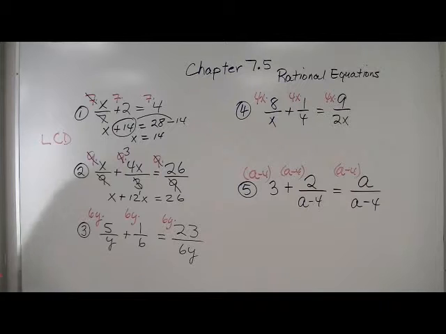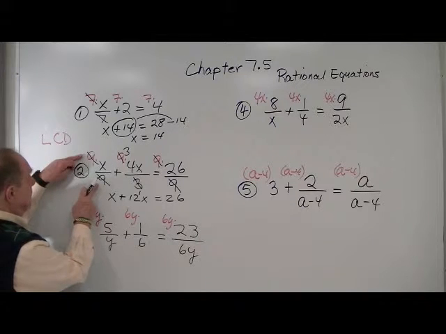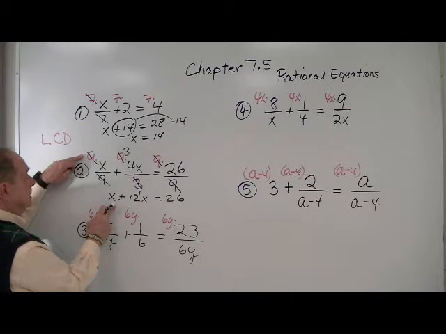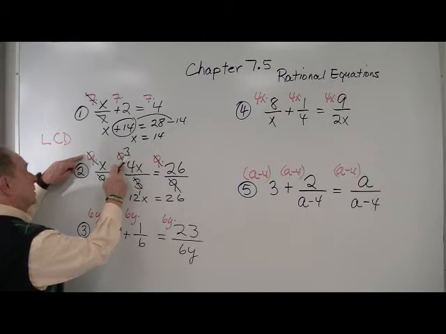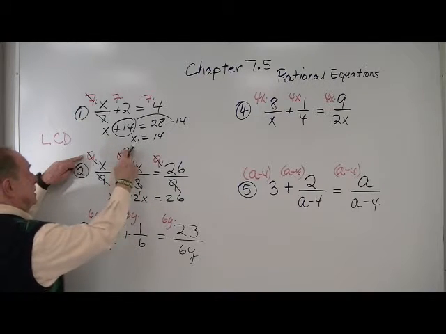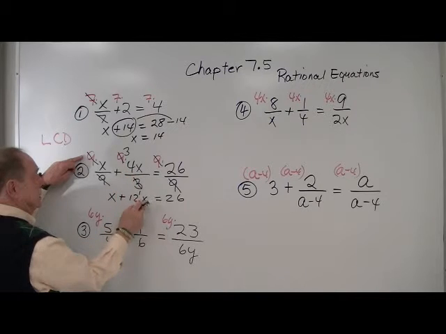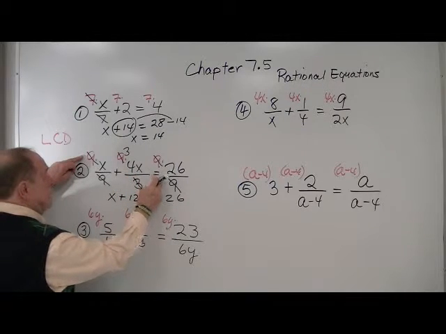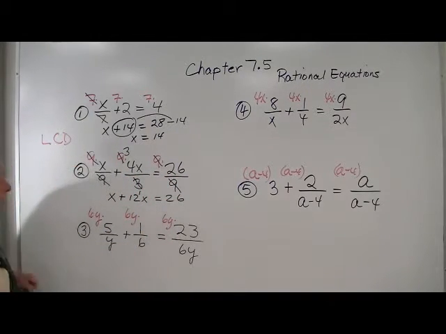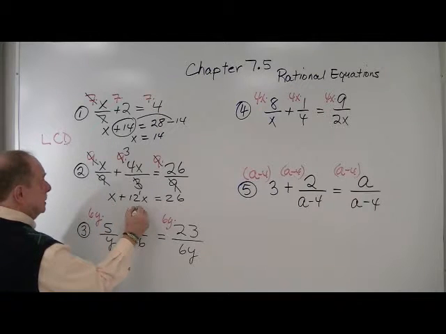And it never hurts to check your work. Cancel out the 9's, you're left with an x. 3 will go into 9 3 times. 3 times 4x is 12x. And that's 26.